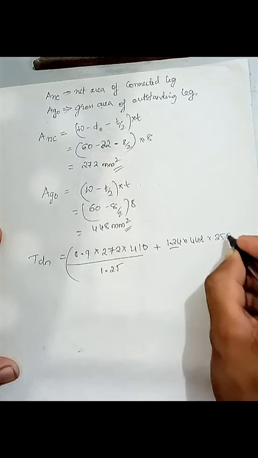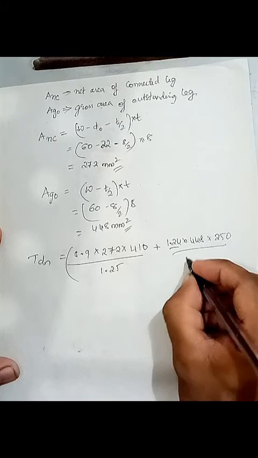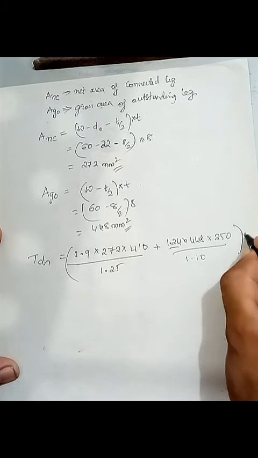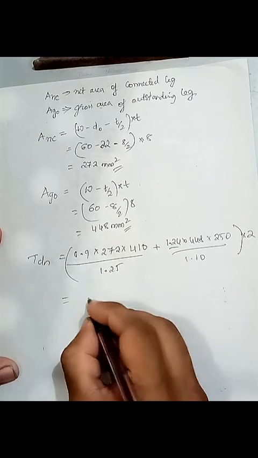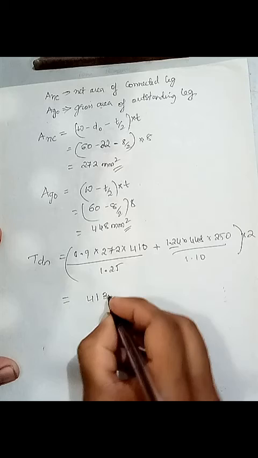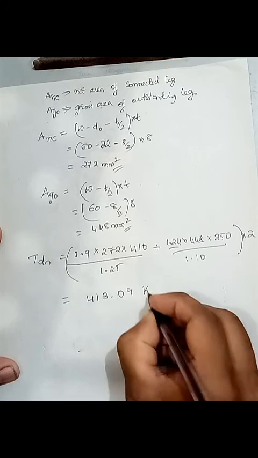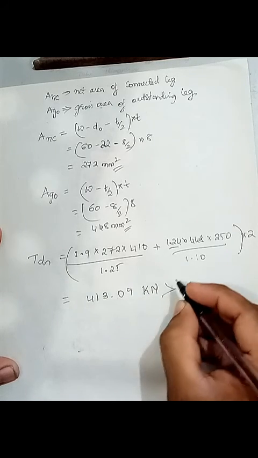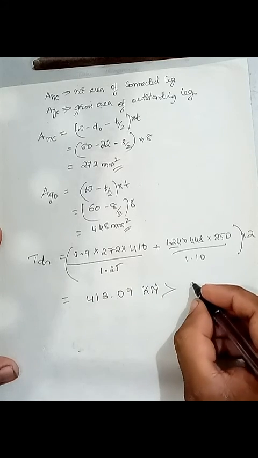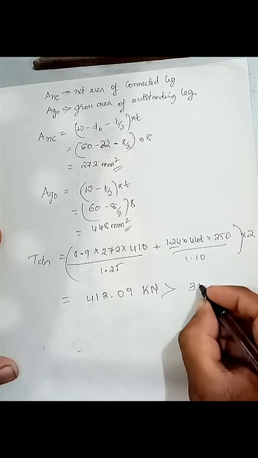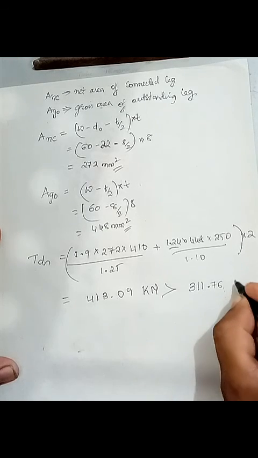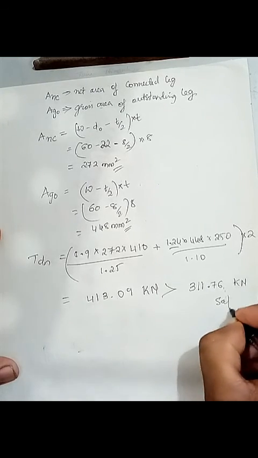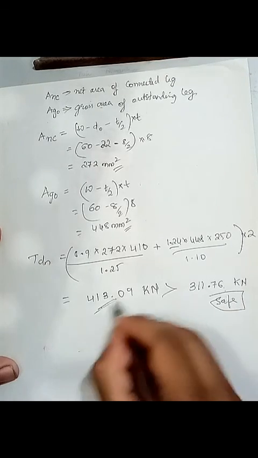So it's 413.09 kilonewton. This is greater than 311, which I think is the load carried by the member. So if our design member can carry this much load, it can easily carry the load which is coming on it. So this is one of the checks. The other checks we will do in the next class. Thank you.